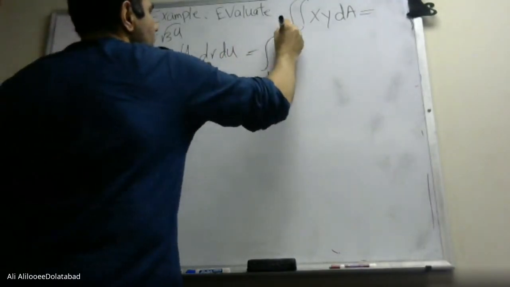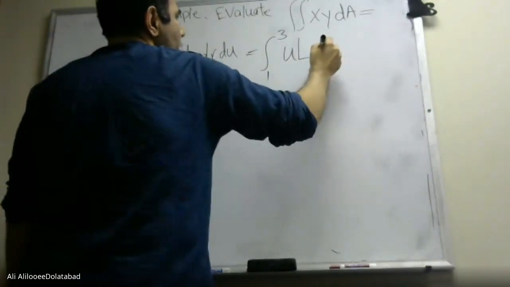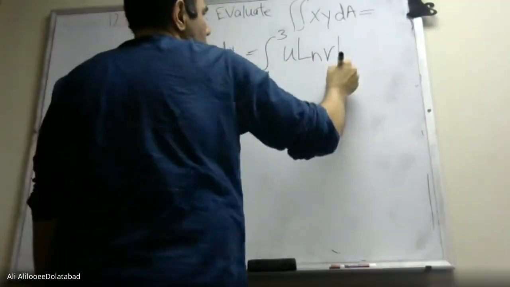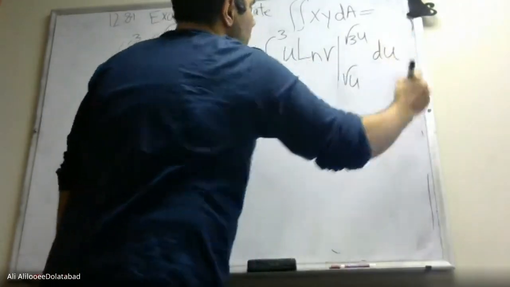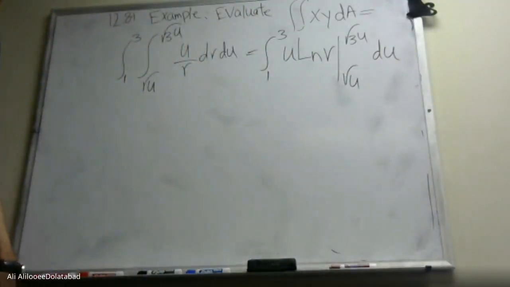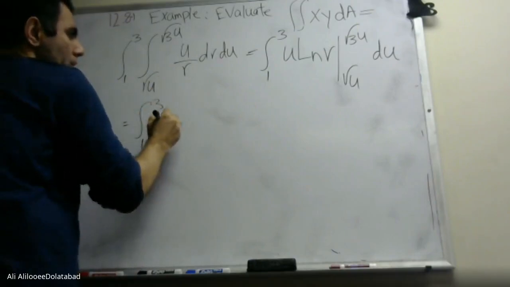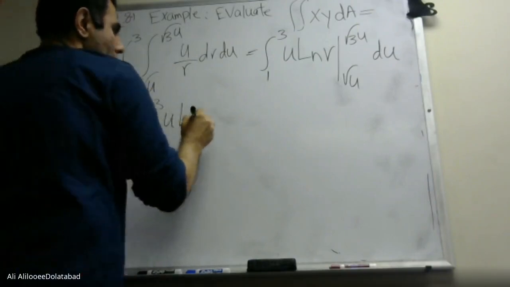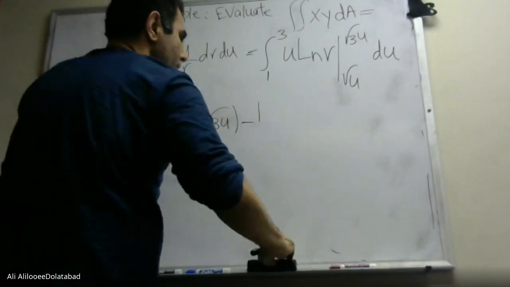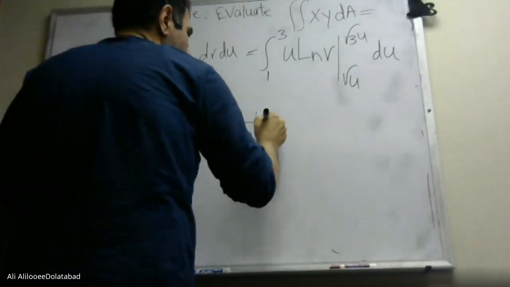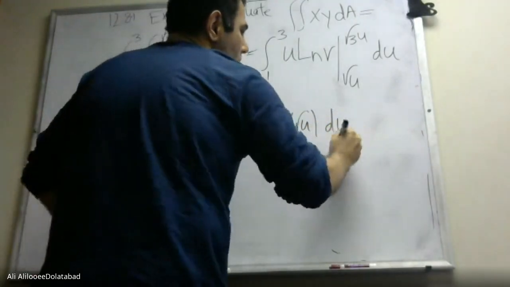Then you have integral 1 to 3, and integrating with respect to v gives u ln of v, evaluated from root u to root 3u, du. Then let's plug in: integral 1 to 3 of u ln of root 3u minus u ln of root u du.